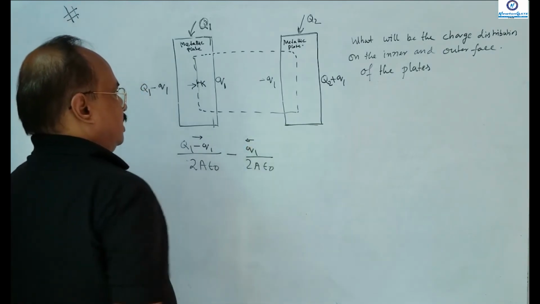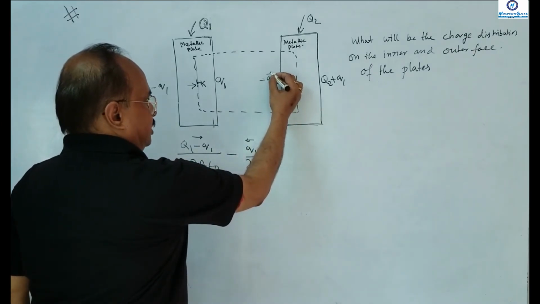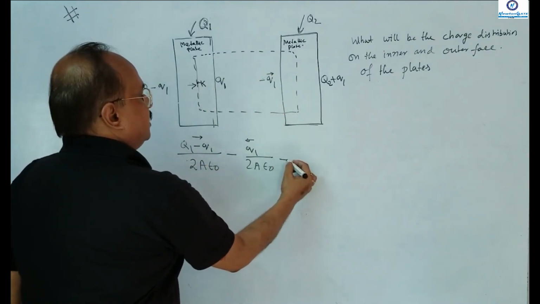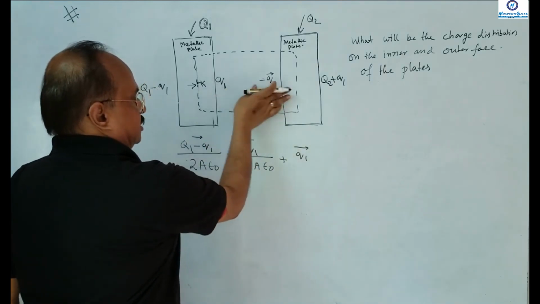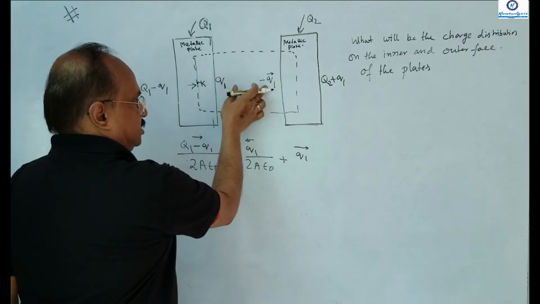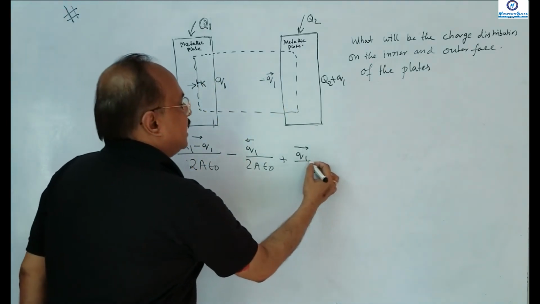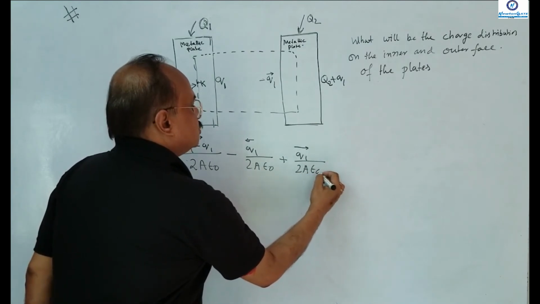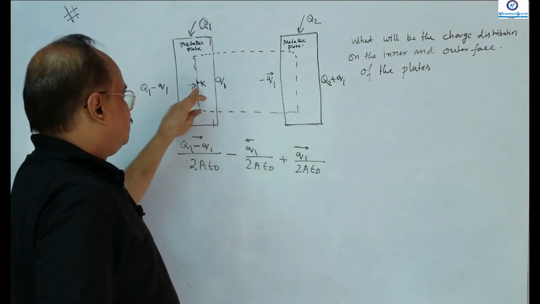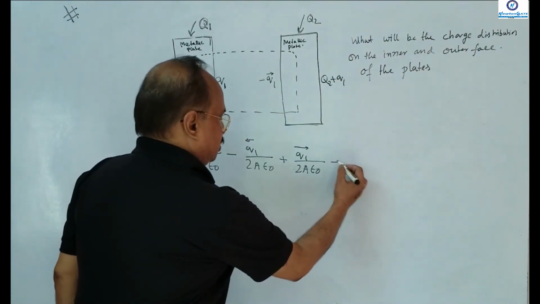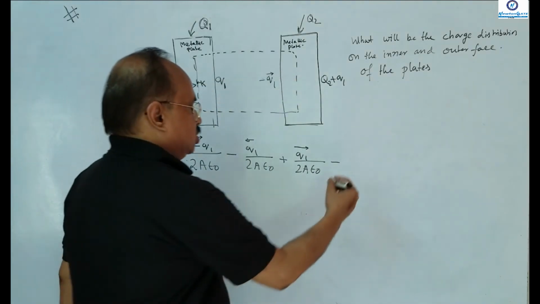But this minus Q1 again has an electric field in this direction, so it will be plus, because the electric field due to this minus Q1 will be this direction for this point, that will be 2A by epsilon naught. And for this charge it is positive, so the electric field will be towards K. So it will be minus, because this direction I am taking as minus, this direction as plus.